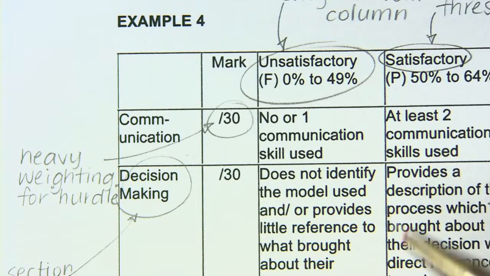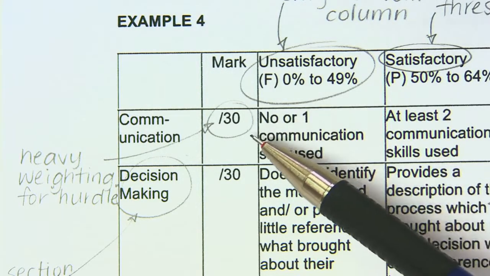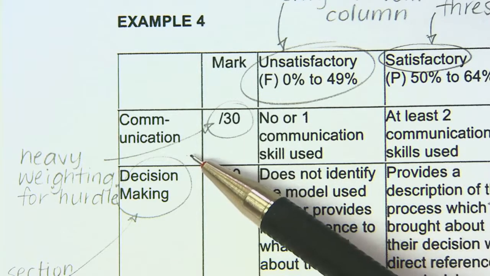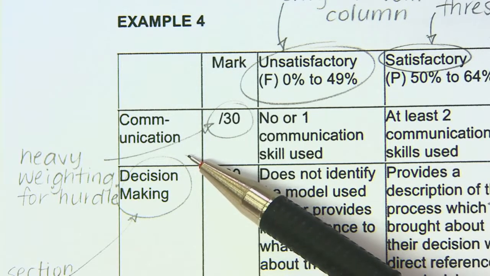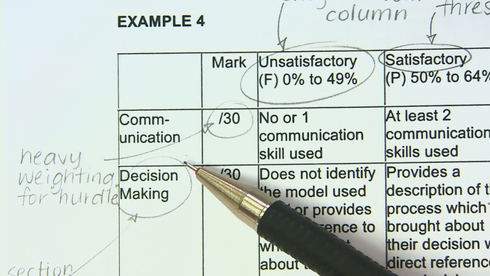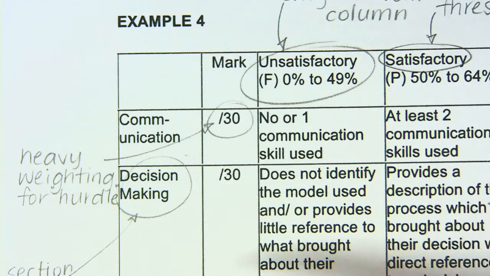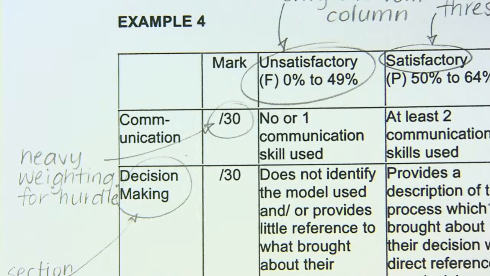Okay, the next point I'd like to make is about the weighting given to this particular criterion, communication. Presumably, that criterion relates to the quality of communication. Actually, scrap that, because I just read across it and it doesn't.